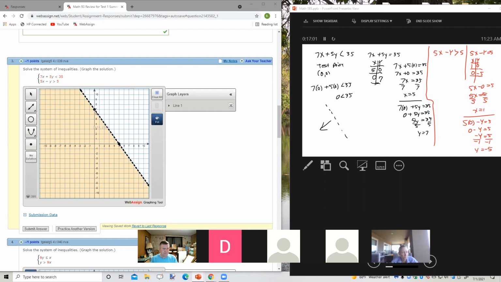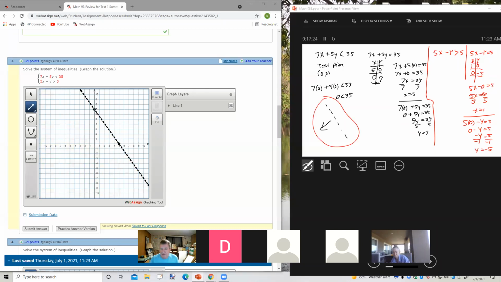And if I get going too fast here, yell at me to slow down. So now I'm going to come back over here. But notice when I go to graph another line, the shading disappears. That's just how WebAssign works, which is why I made myself this note to remind me what's going to happen.